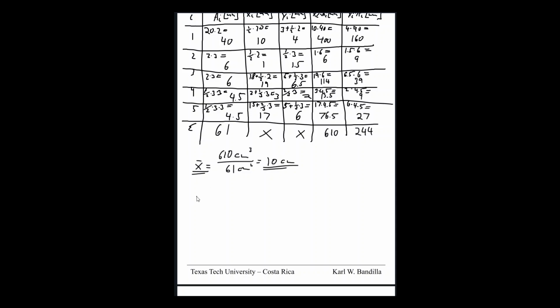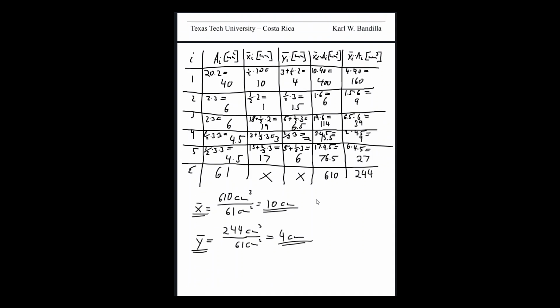And then in the y direction, we get 244. Ooh, this looks good too. I didn't notice that. Because this is 61, that's just going to be equal to 4 centimeters. Very nice. So we have two very straightforward numbers to do our subtractions with.